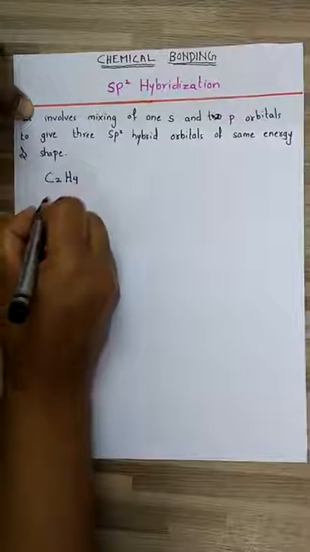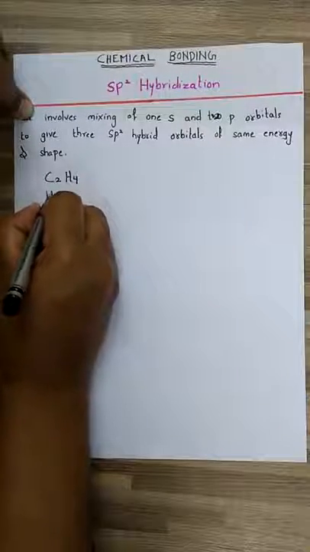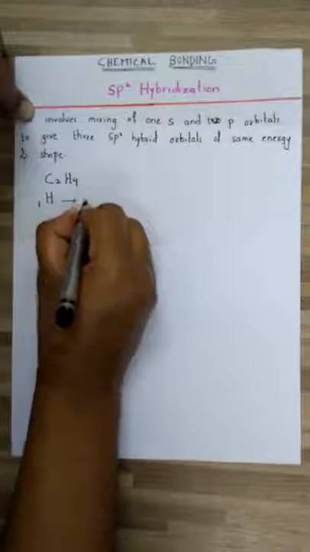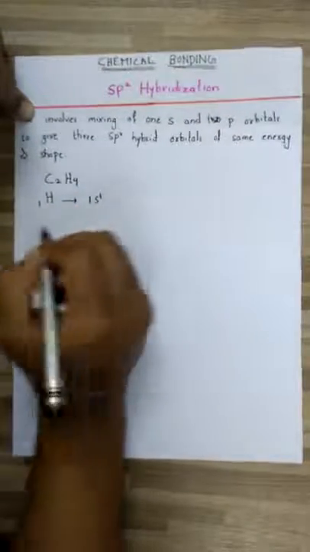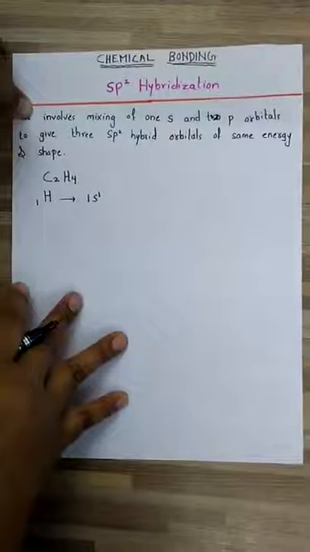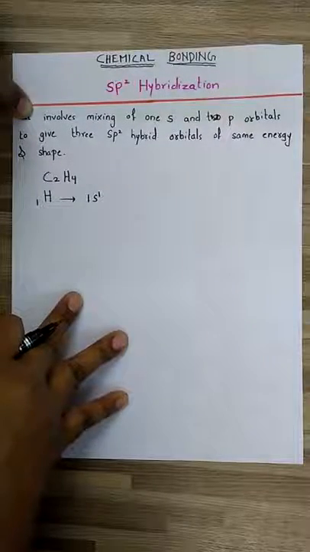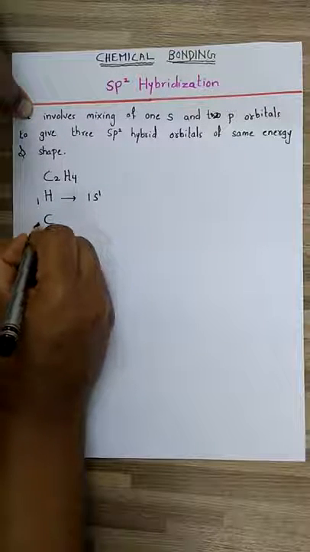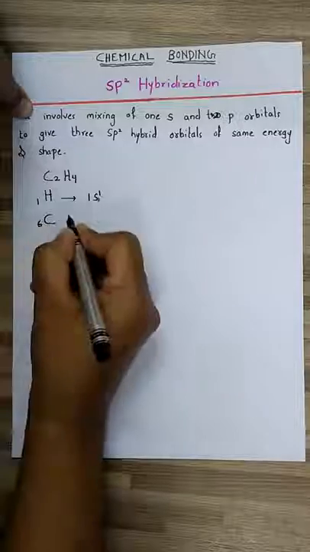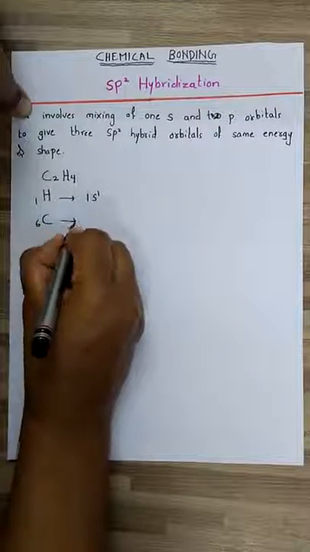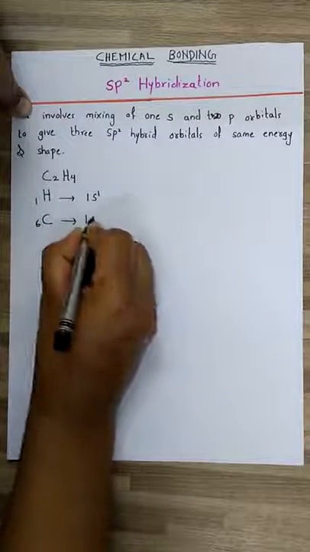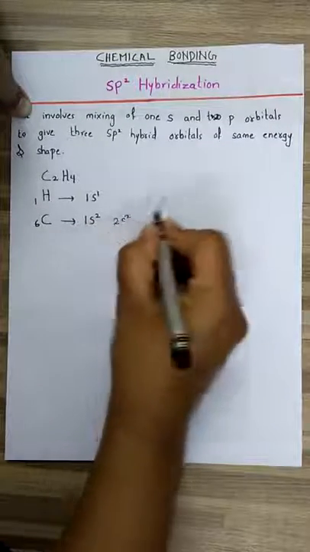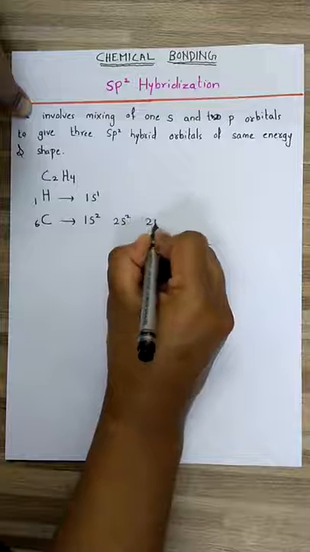Okay, we know that for hydrogen atom the configuration is 1s1. So all 4 hydrogens are there with one half filled orbital. And we have 2 carbon atoms. The atomic number of carbon is 6, and its electronic configuration in the ground state we know is 1s2, 2s2, 2p2.